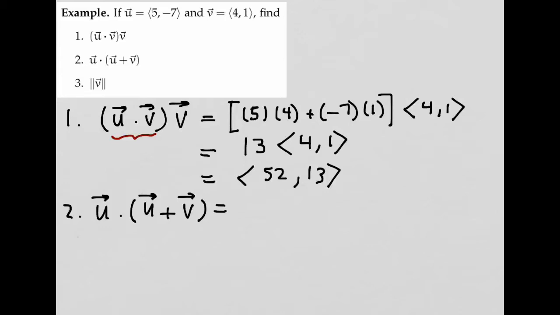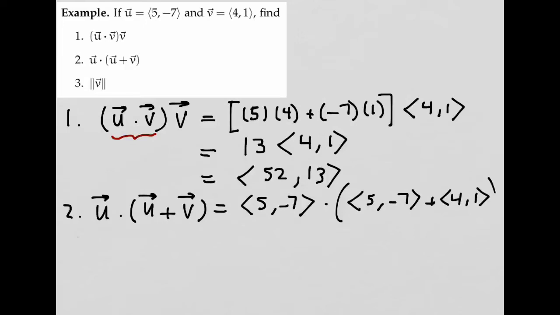That's equal to the vector u, which has components 5, negative 7, dotted with the sum of the vectors u and v.